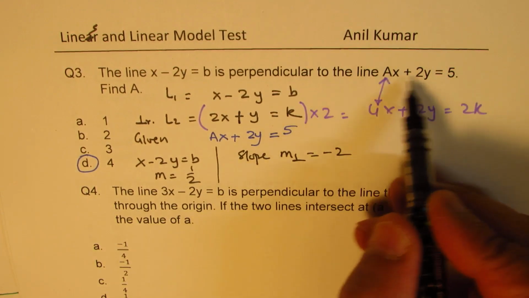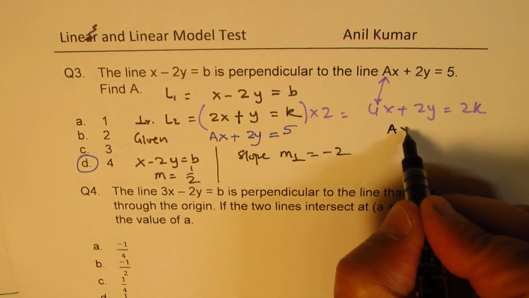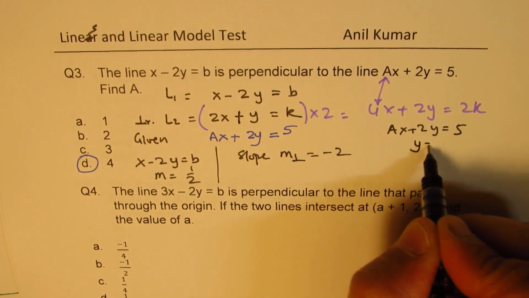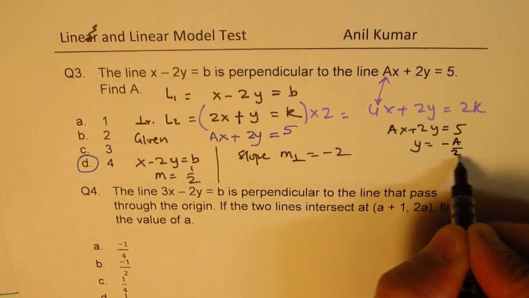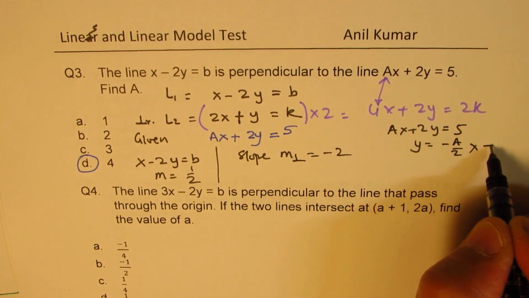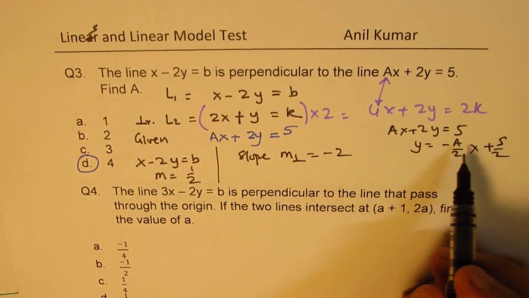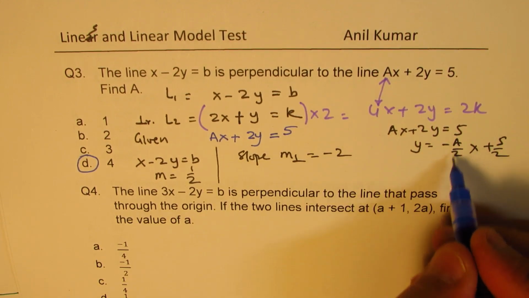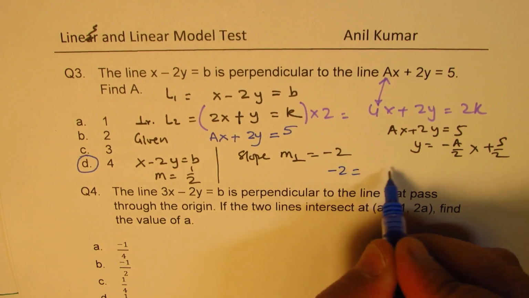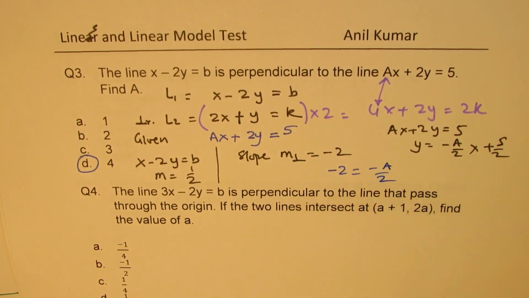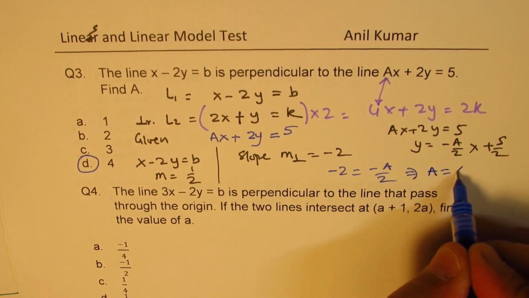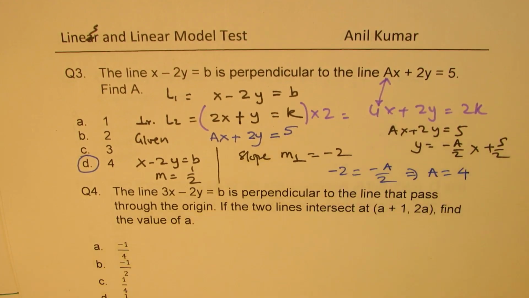So when you are given ax plus 2y equals 5, y equals minus a over 2 x plus 5 over 2 when you simplify this. So this value of minus a by 2 should be equal to minus 2, right? So that gives you the value of a as 4. So this is the alternate method.